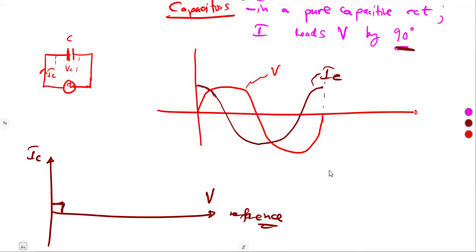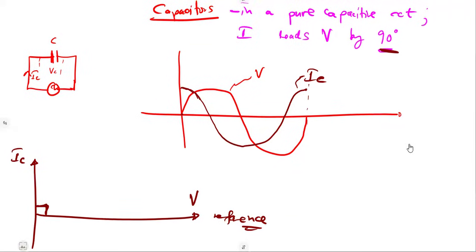Meaning the current is followed by an angle, the phase angle is 90 degrees. So if you are to present your current, which is IC, it is supposed to be at an angle of positive 90 degrees.